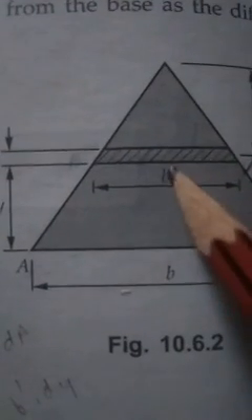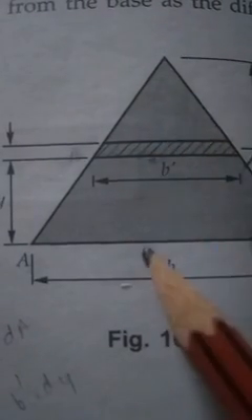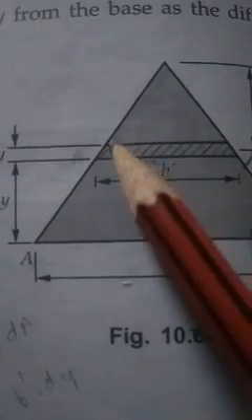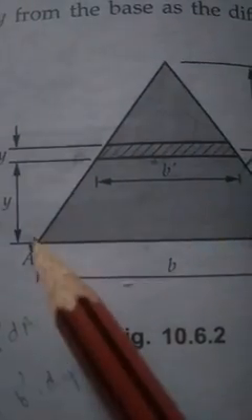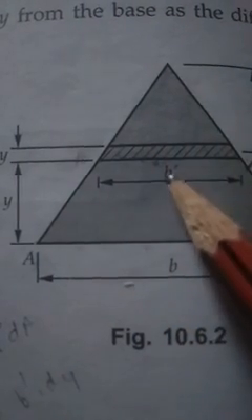Then you take similar triangles: take this one as one similar triangle, and the bigger one as the other triangle. Smaller to bigger: you take this side, the side of the smaller triangle, divided by the corresponding side of the bigger triangle.